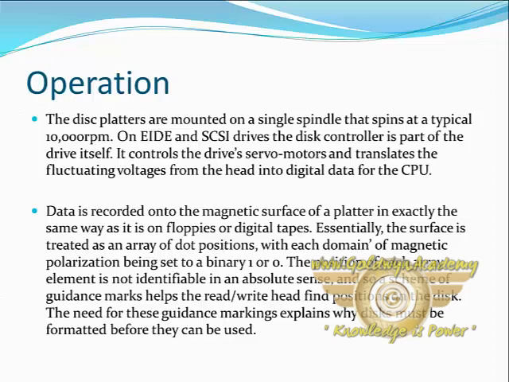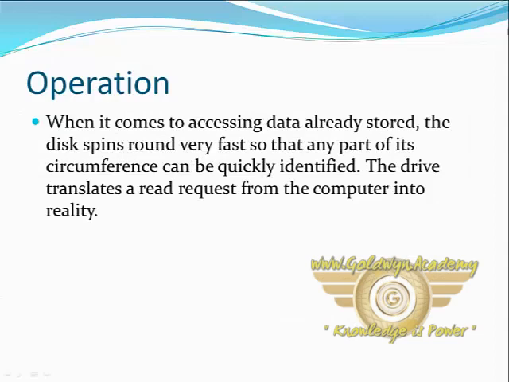The position of each array element is not identifiable in the absolute sense, and so a scheme of guidance marks helps to read and write and find positions on the disk. When it comes to accessing the data already stored, the disk spins around very fast so that any part of its circumference can be quickly identified.